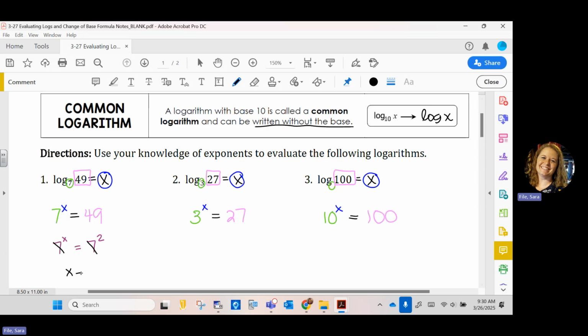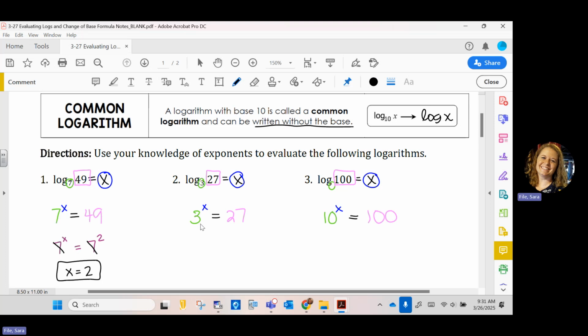So x must equal 2. You don't have to write that last part out though. Most of you could do this in your head and say, 7 to what power is 49? Oh, 7 squared, x is 2. But this just shows why it's 2, because 49 is 7 squared. And if you've got 7 to the x equals 7 to the second, the x must be 2 for those to be equal. Does that make sense?